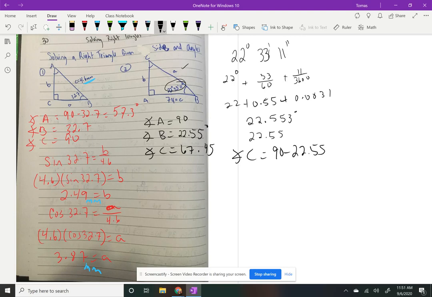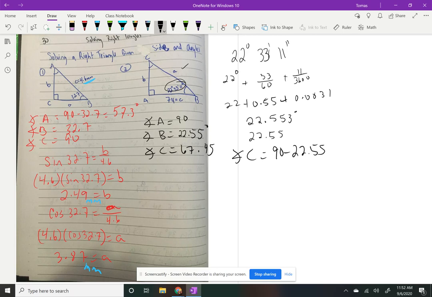Okay. So now we have kind of like a dilemma. So what are we going to use, right? Over here we're using sine, but if I use sine of B, that's opposite over hypotenuse, and I don't know that, right? So how do I figure this out? What's a good trig ratio I could use?